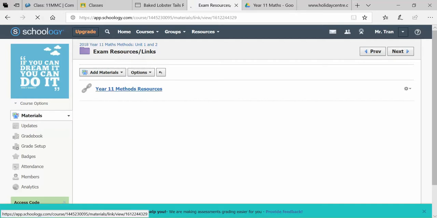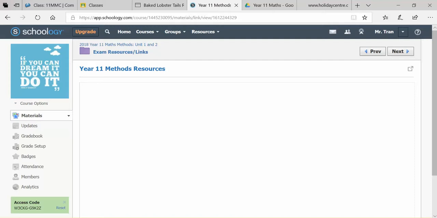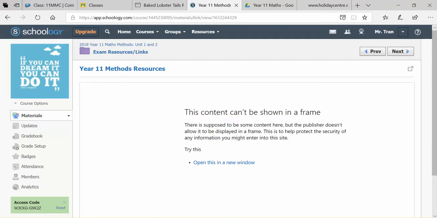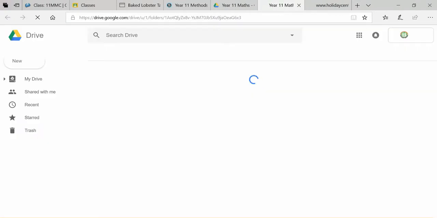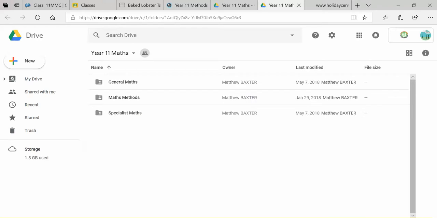Now, when you click on it, it'll take you to a page and nothing will load, right? So it will say something like this. It's okay, click this link. It says Year 11 Methods Resources. If you just tap that, it will take you to the Google Drive. And in there, you can then access either your methods exams or your specialist exams or general maths exams.